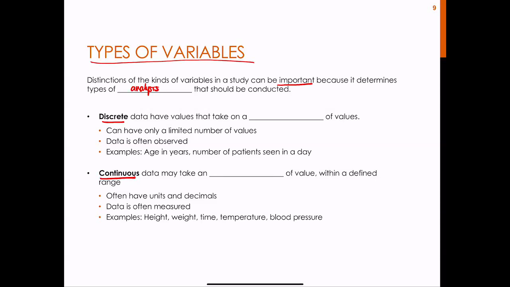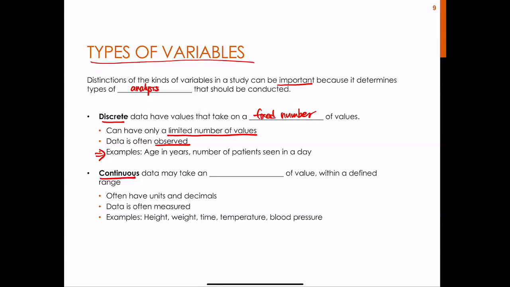First, discrete data have values that take on a fixed number of values, like whole numbers. So it can have only a limited number of values, and the data is observed. Examples are age in years and number of participants seen in a day. Those are usually whole numbers.